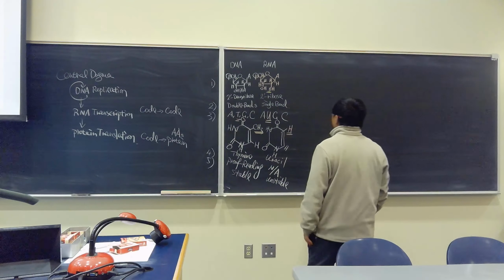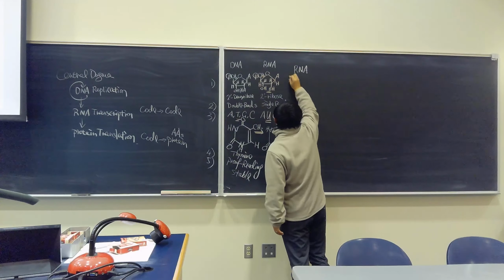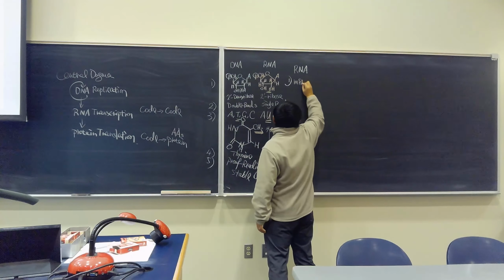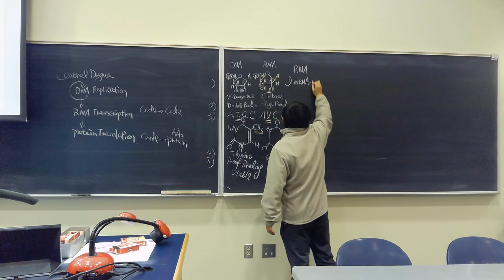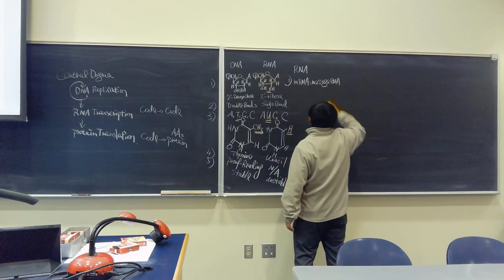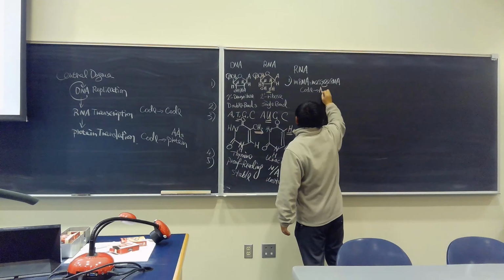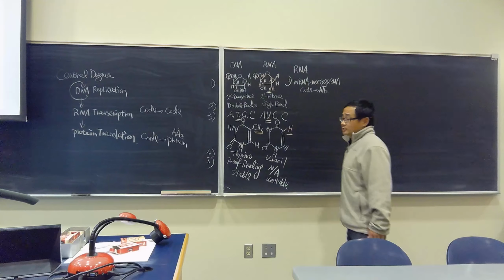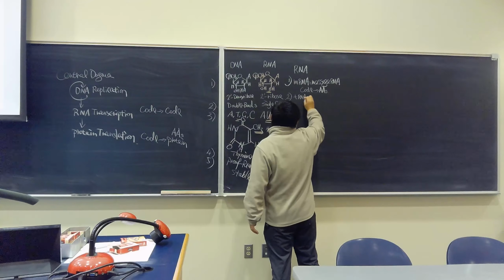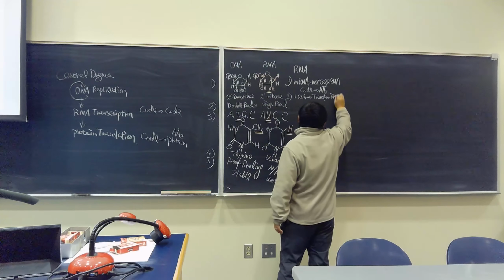Now, what types of RNA do we have? When we talk about RNA, there are 3 major types. The first one is mRNA, what we call messenger RNA. It carries the code for amino acids. The second one is tRNA, transfer RNA. We will spend a lot of time today talking about that.